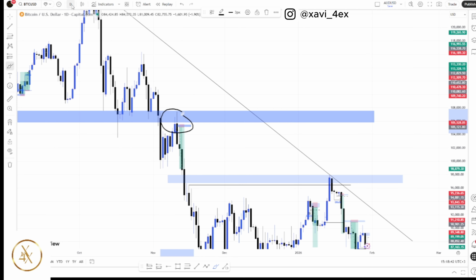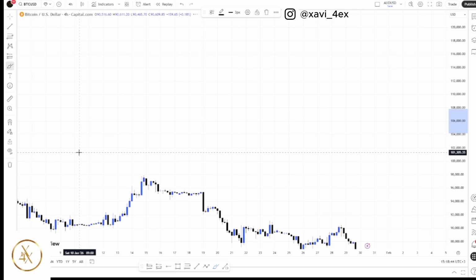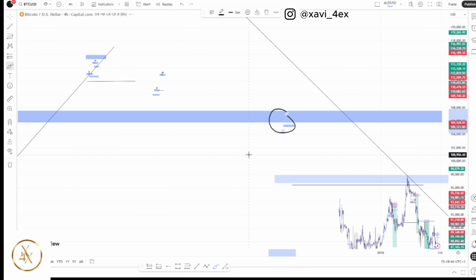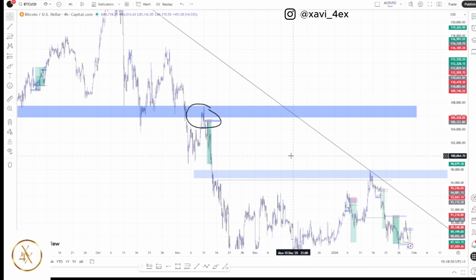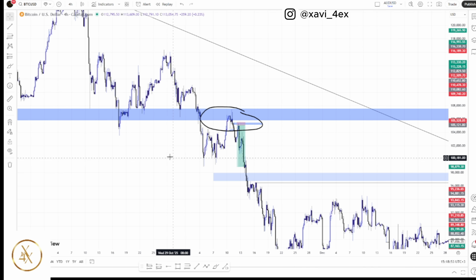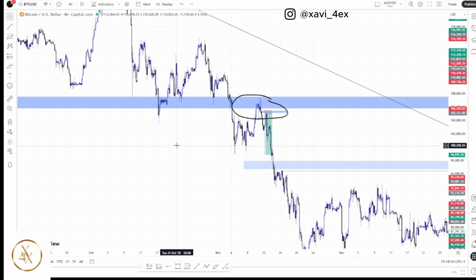So I'll go to the 4 hour to show you a clear picture of the directional bias. So we had a break here to confirm our bearish movement.